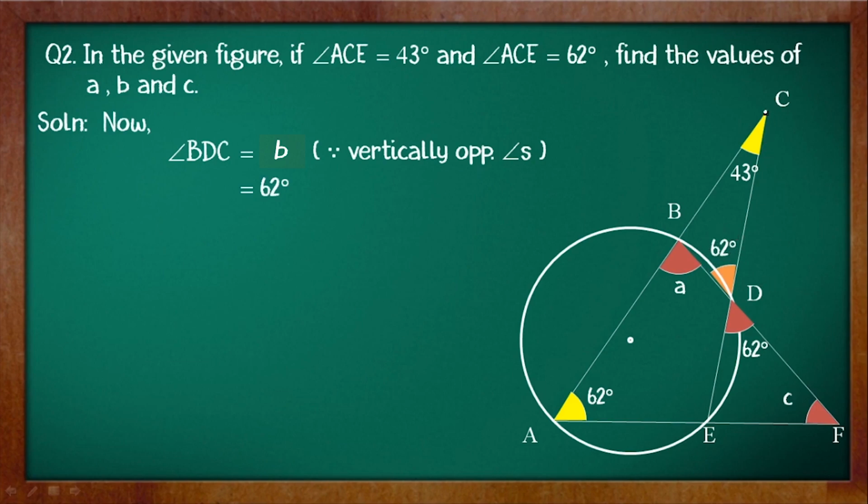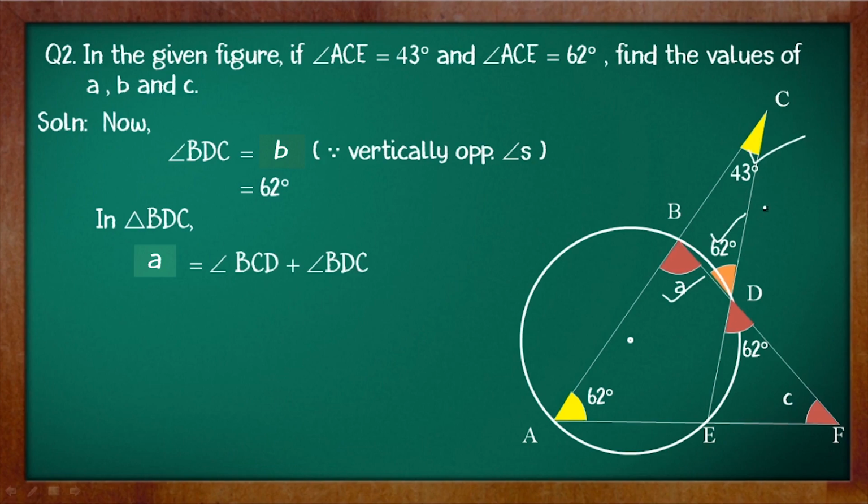Now there's a triangle here. BCD is a triangle here. Can you see that? The angle A is the exterior angle to this triangle. Therefore, in triangle BCD, angle A will be equal to angle BCD, this angle here, plus angle BDC, this angle here.